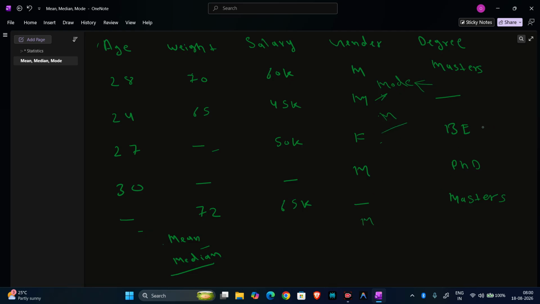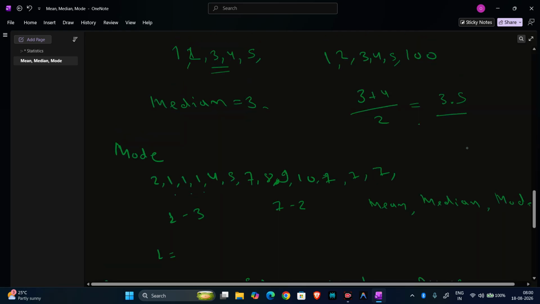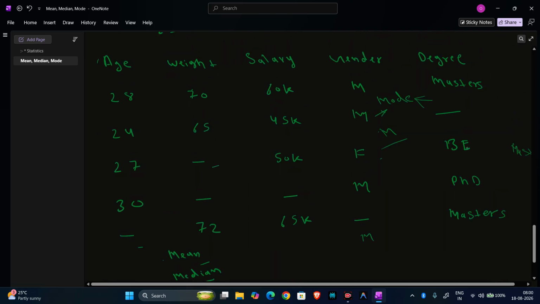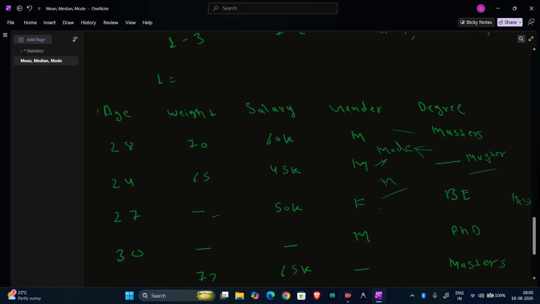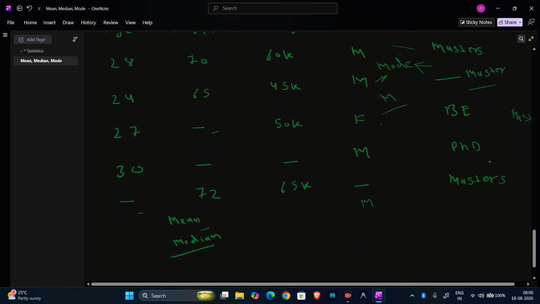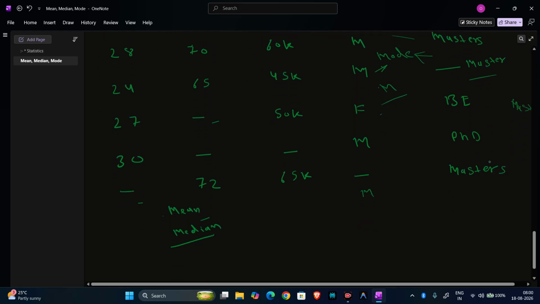Here we have masters as the mode, so we fill this using masters. This is how we use mean, median, and mode. These are the three central tendencies that help us fill the missing data in the data sets.